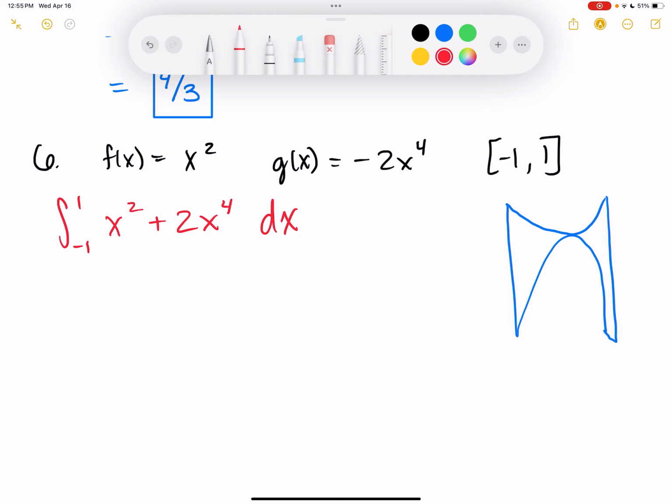Depression. Are we saying the antiderivative? Yeah. Okay. 1/3 x cubed plus 2/5 x to the 5th.